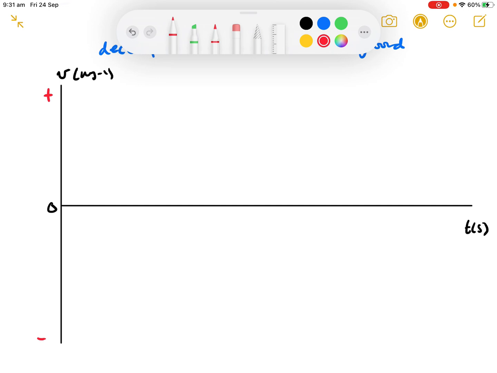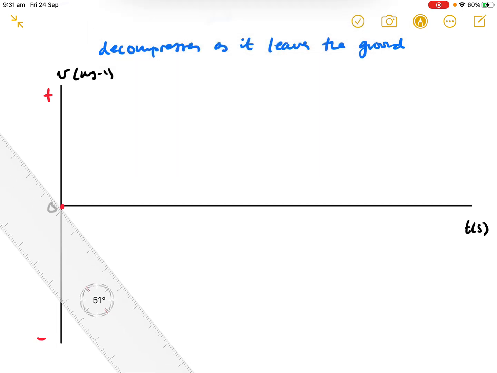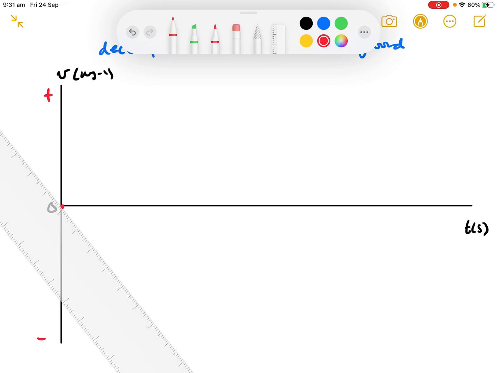Well, remember, the ball is dropped, so it begins at 0 meters per second. And it falls downwards under gravity, so we've got a particular downwards acceleration, so a negative gradient. Okay, like so. So this is what it's going to do.